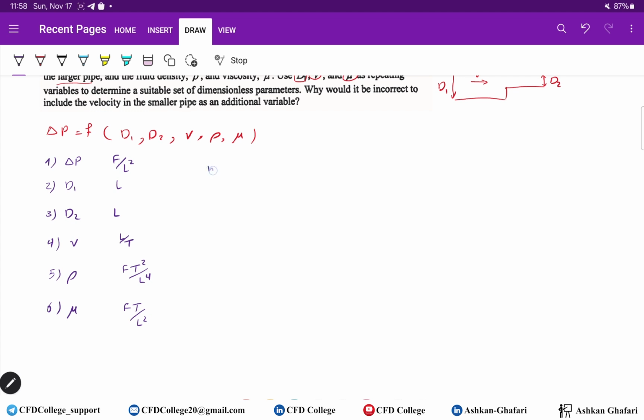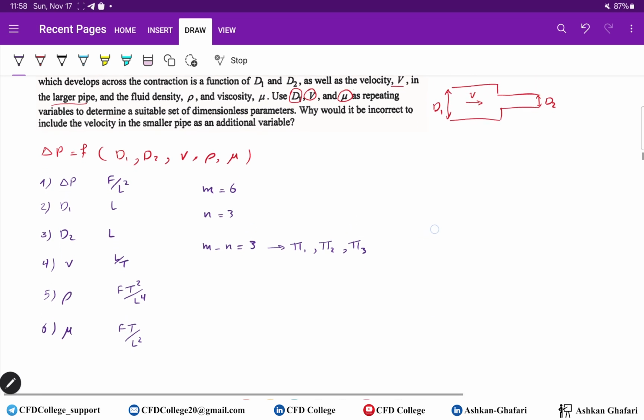So we have 6 quantities, m is 6, n is 3, F, L, and T, we have 3 units. So we should have 3 dimensionless groups, pi 1, pi 2, and pi 3, and we have to find them.